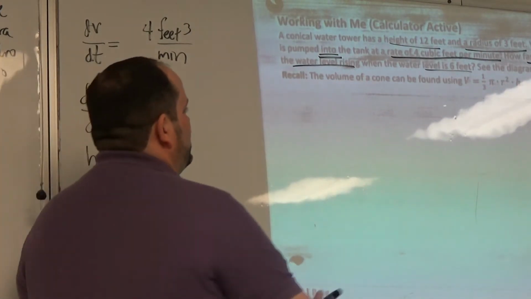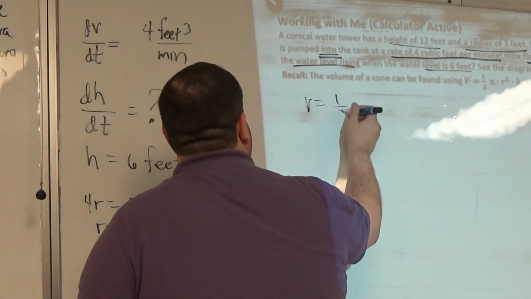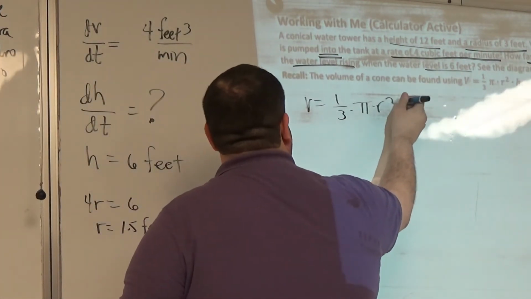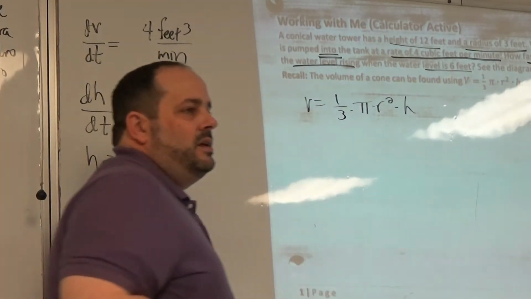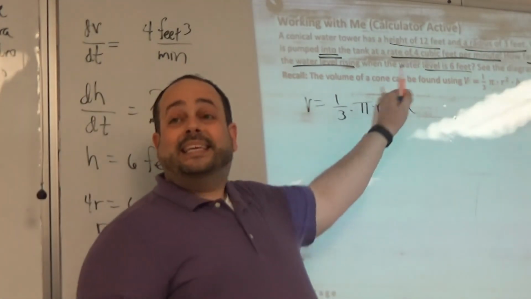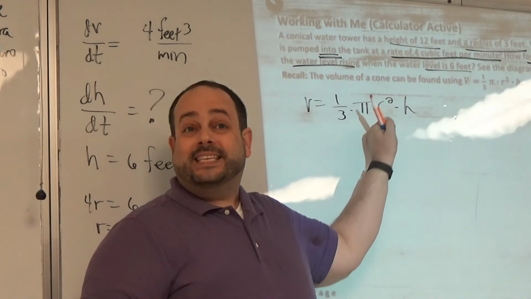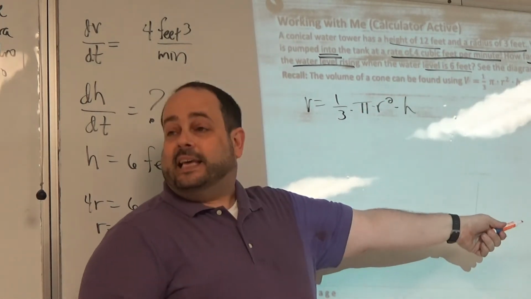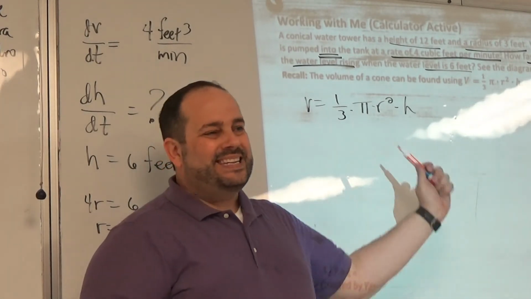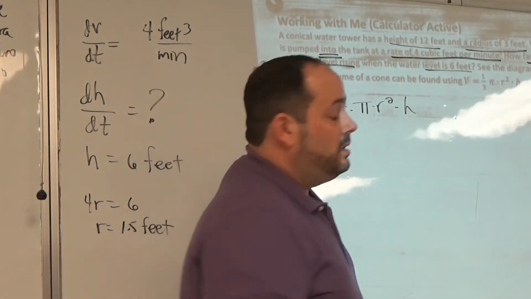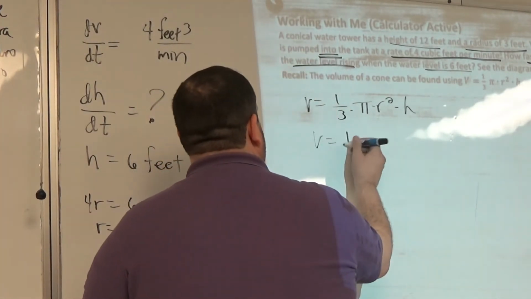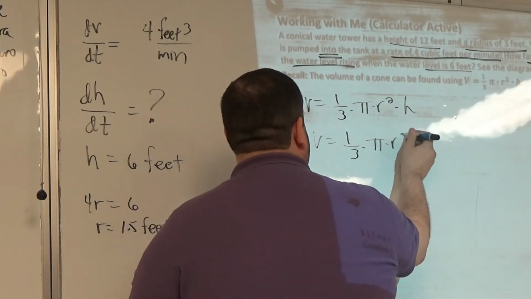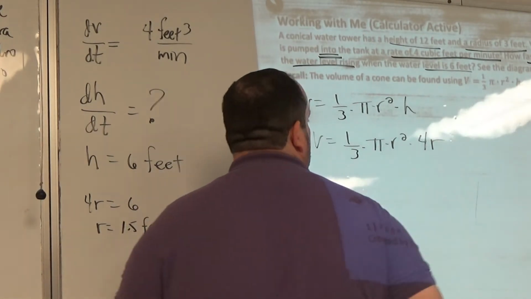But the real reason why your life just got good: rather than working with this volume expression that says 1/3 pi r squared times h, where you've got a radius and a height and you're having to work with both at the same time, now it's one variable. You know that the height's always equal to 4 times the radius. Plug it in. So now you've got volume equals 1/3 pi r squared times 4r.